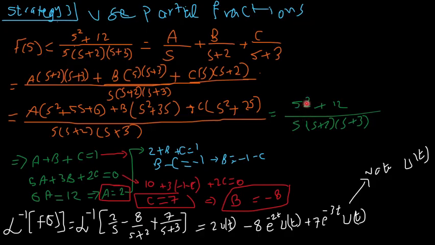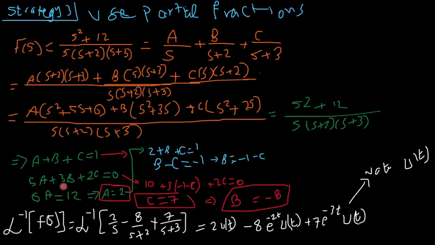a term having s squared, so the coefficient of s squared here must equal the coefficient of the s squared term here. This means that a plus b plus c equals 1, because here we have as squared and we have bs squared and we have cs squared. So a plus b plus c equals 1. There is no term having the variable s, so the coefficient of s here must be 0.